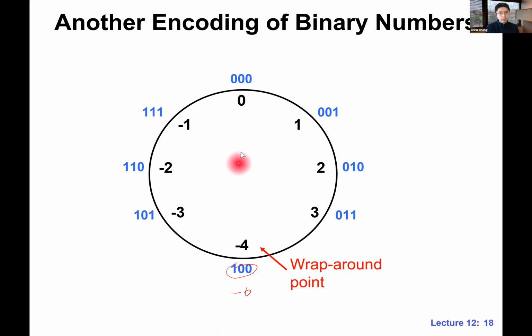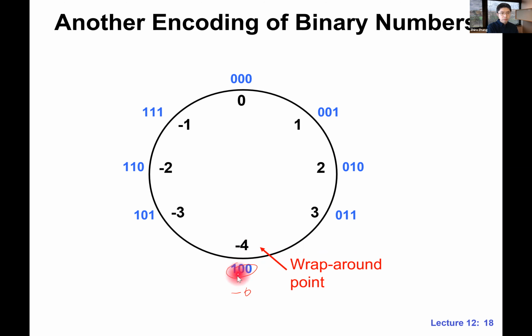So let's see. For the non-negative numbers, these are the ones that we are familiar with: 0, 1, 2, 3. No surprises here. But when we increase 011 by 1, we have a wraparound. We end up with -4 here.